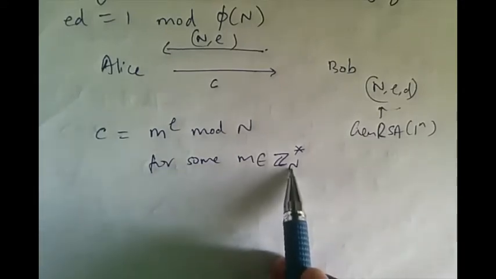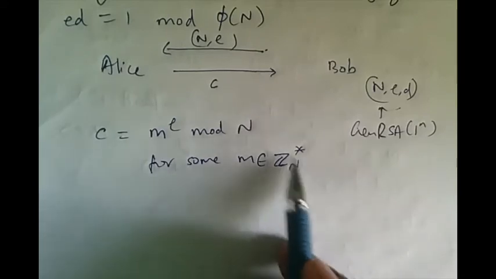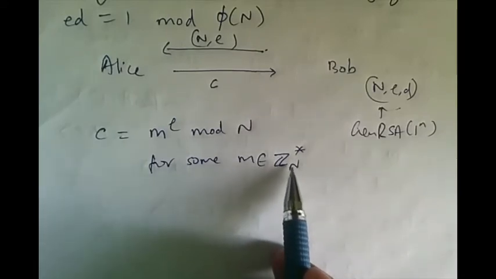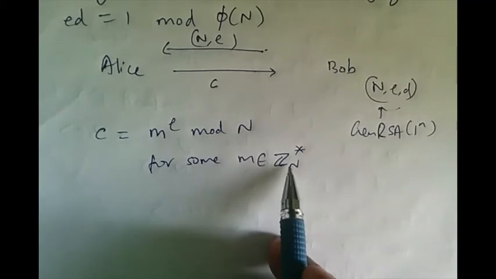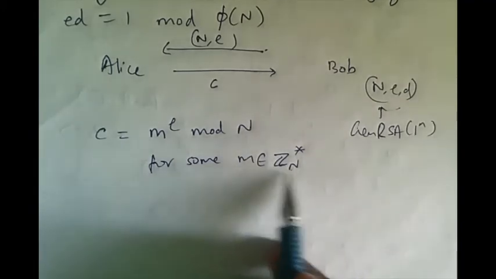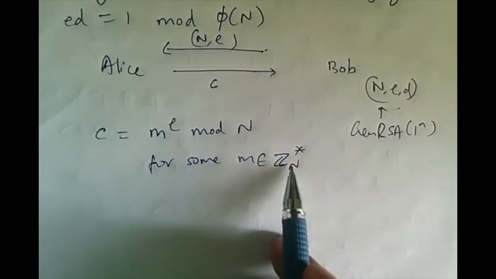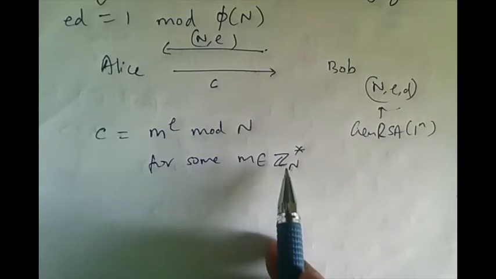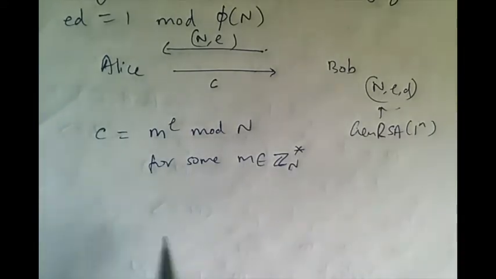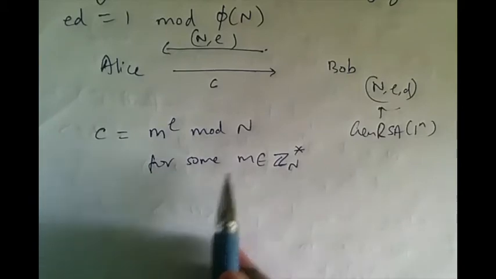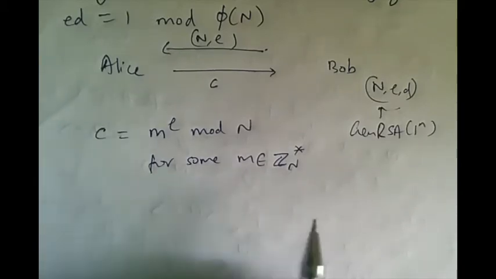We can think of it this way: if phi of n is greater than some power of 2, let's say greater than 2 power 1024 or some large number like that, then all 1024 bit strings could be mapped to elements in this M. So given this, the mapping is done and ciphertext is available to Bob.